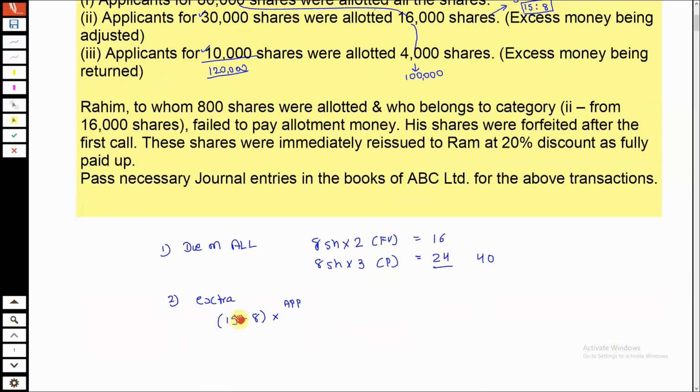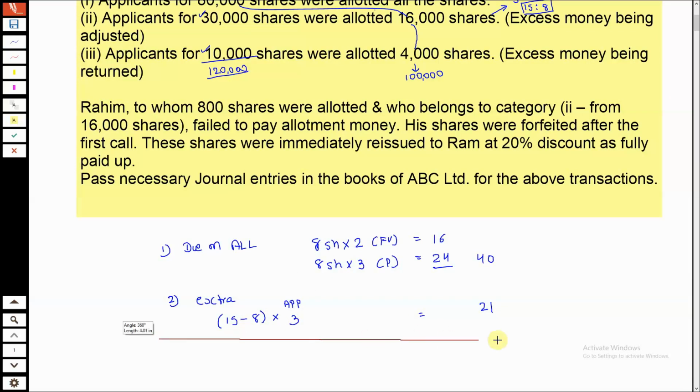Okay, तो 15 के लिए अप्लाई किया होगा तब मुझे 8 मिला होगा. तो when I have 8 shares, तो it means मैंने एक्स्ट्रा 7 शेयर्स पर already 3 रुपीज़ कंपनी को पे कर दिए हैं. तो 7 3 21 rupees, okay, is already paid by me to the company.